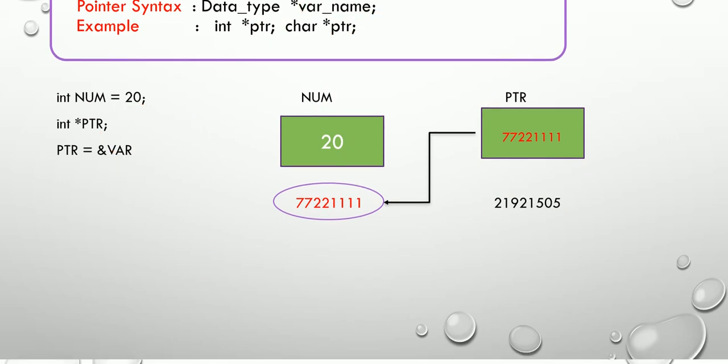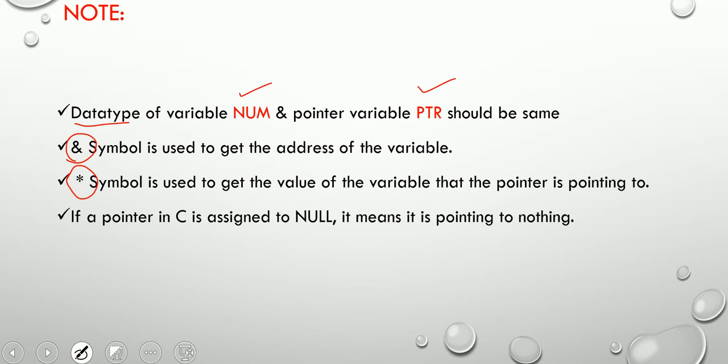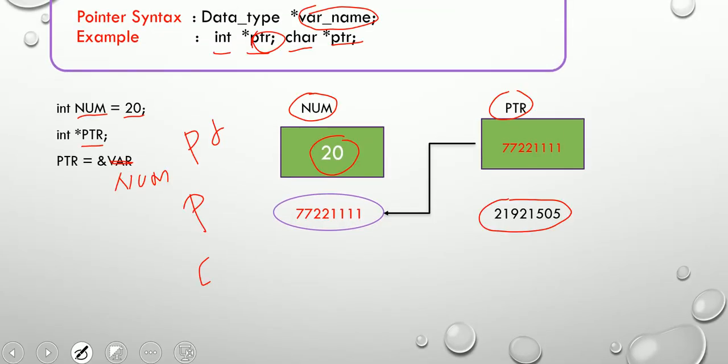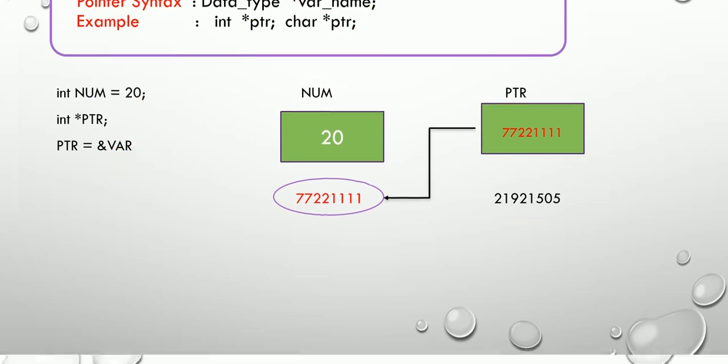And then star is used when you want to get the value. Okay, that I will explain in the next example. But here see, if I write star ptr, what will happen? It will fetch you the value 20. If I just write ptr, then it will display the address, right?